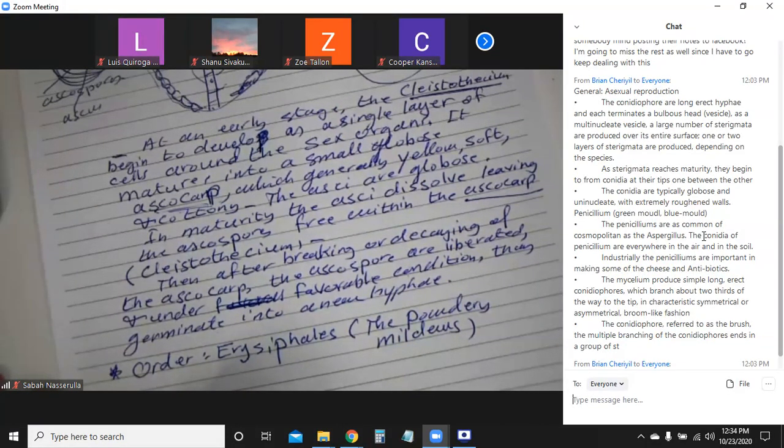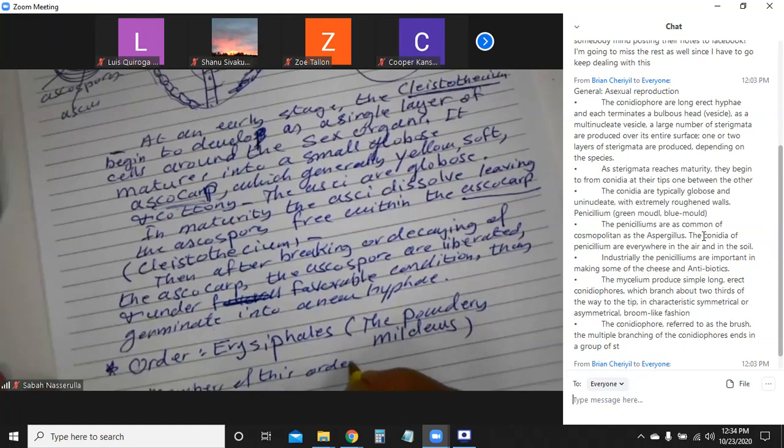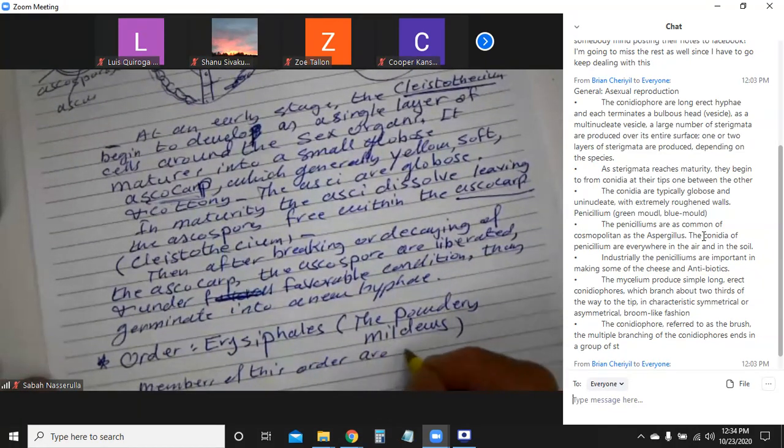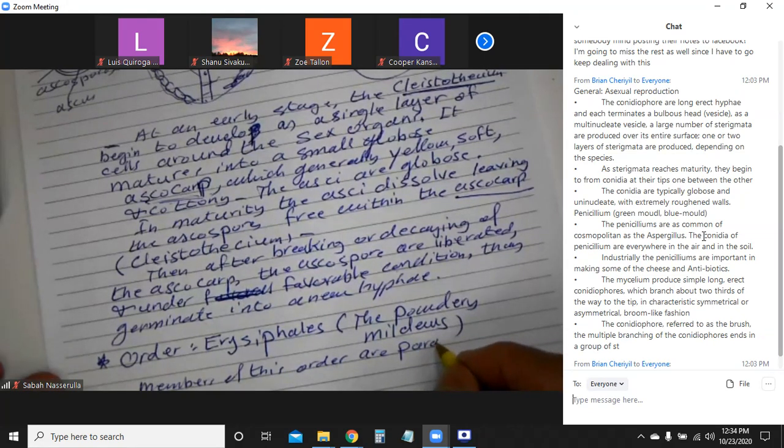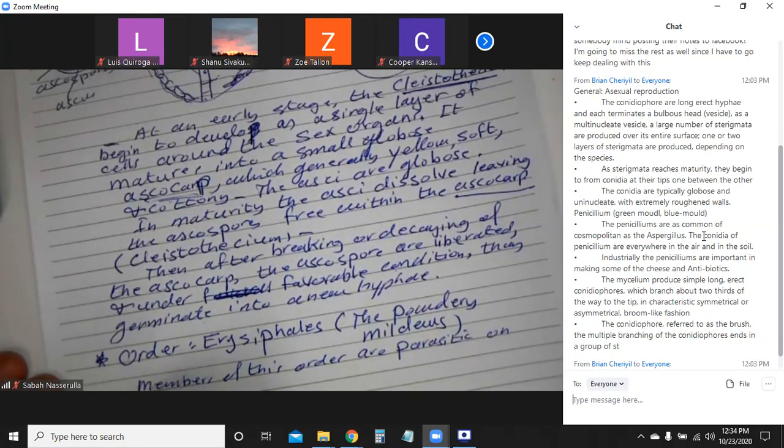Members of this order are parasitic on plants.